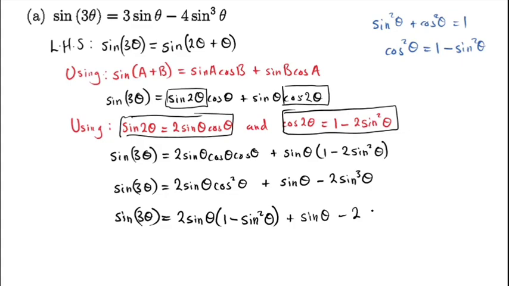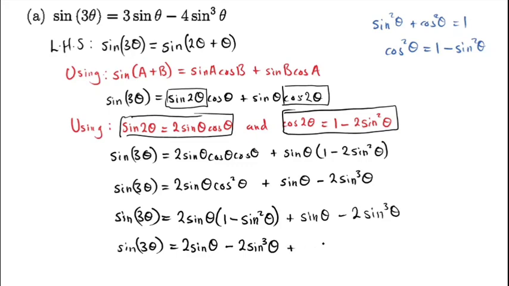So 2 sine theta times 1 is 2 sine theta. 2 sine theta times negative sine squared becomes negative 2 sine cubed theta. Then again, we have the sine theta and the remaining part as well.